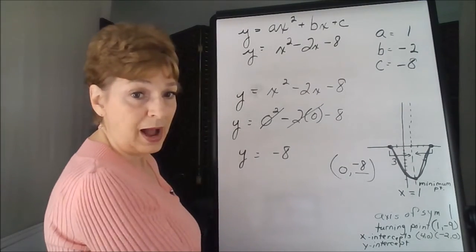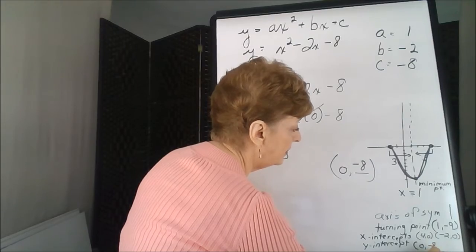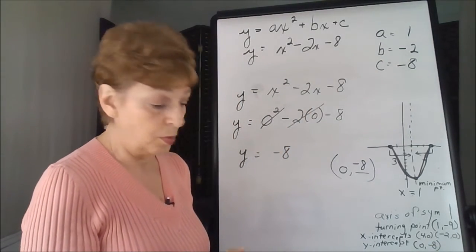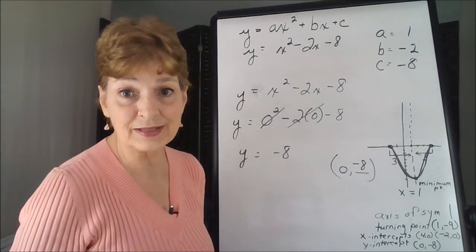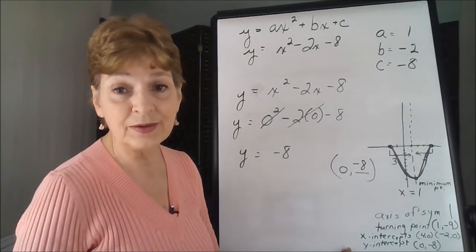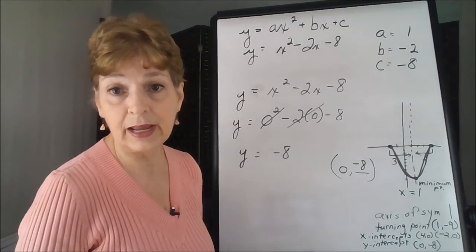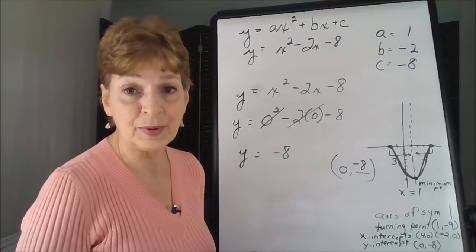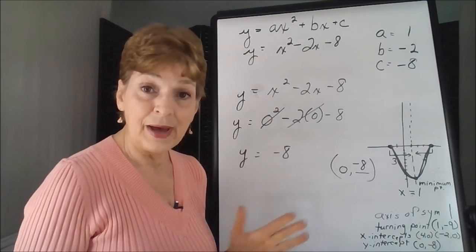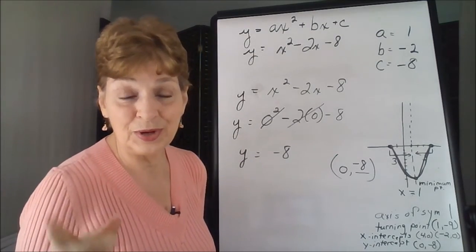So our y-intercept is at (0, -8). And you have all of the important pieces to this parabola. Most of the questions will be something to do with these important points on a parabola. Now you know a couple of different ways to do this, but the one that works for you is for you to determine.